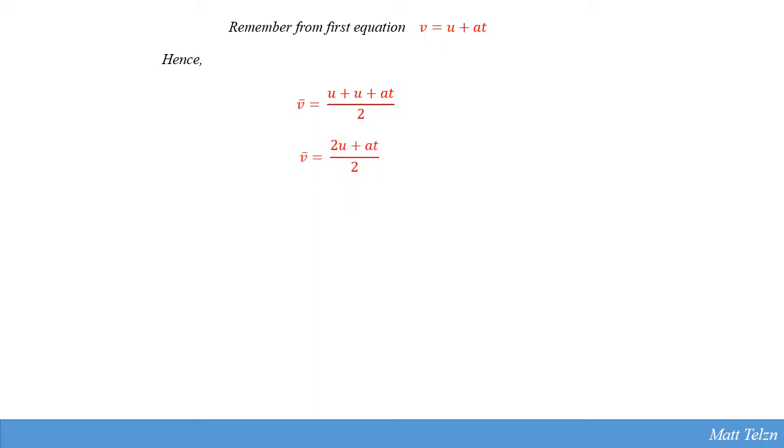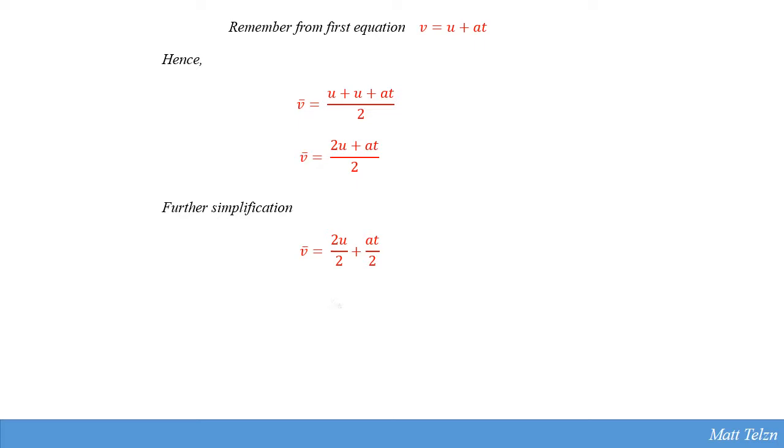As u plus u will give you 2u, this gives 2u plus at divided by 2. Further simplification: average velocity is 2u divided by 2 plus at divided by 2.